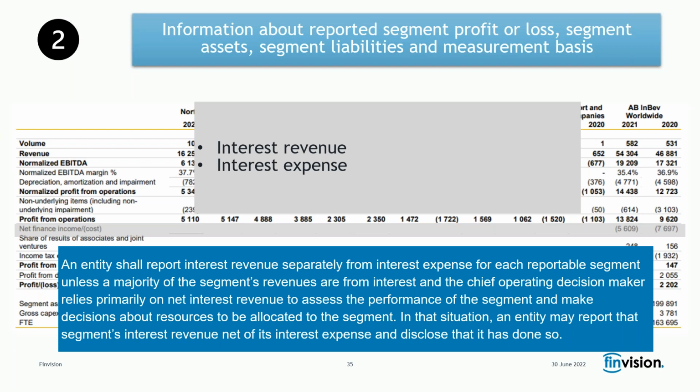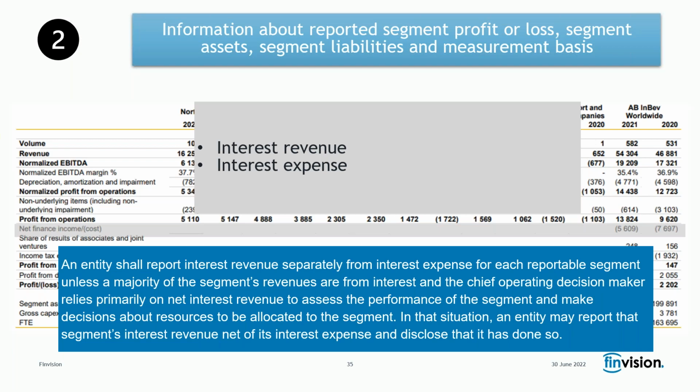And I must say, very often companies stop at operating profit. This is a very common measurement basis for a segment. Sometimes you can see more detail, but not so often.